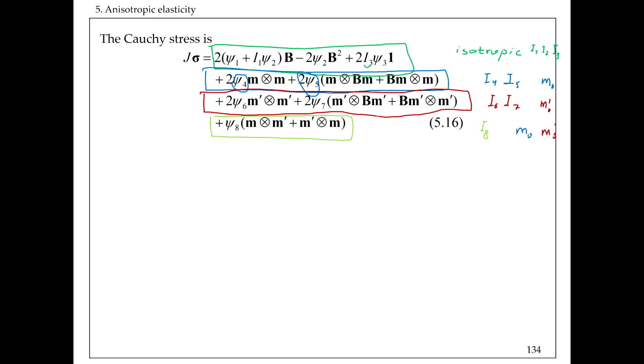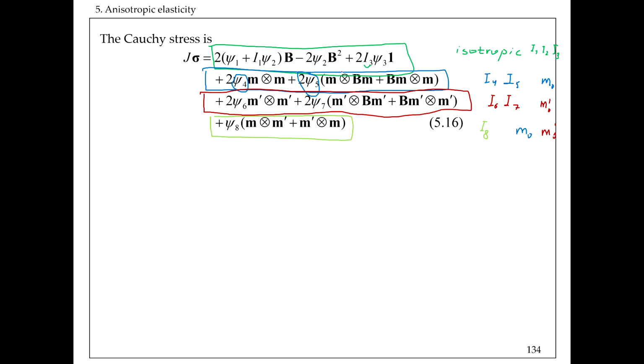We have another contribution of those fibers, and we also have the interaction of these fibers as they are present in the material together. That comes with the eighth invariant.